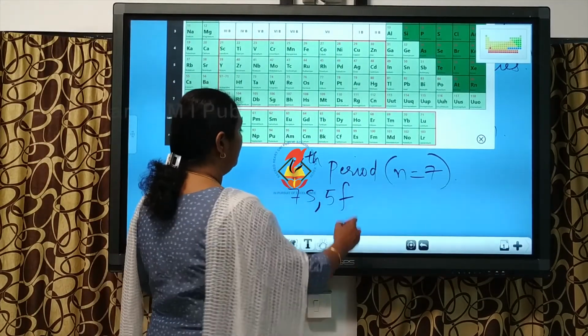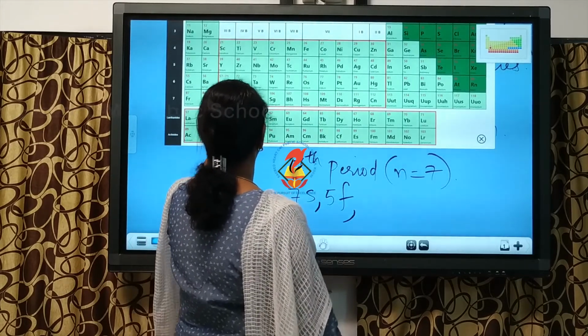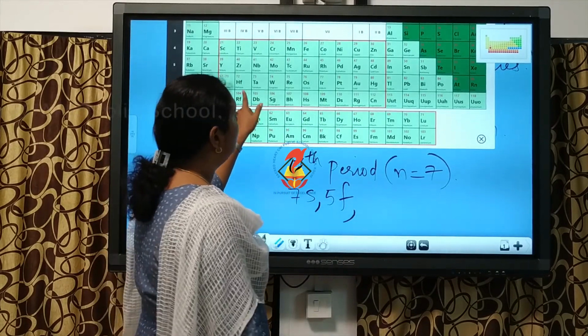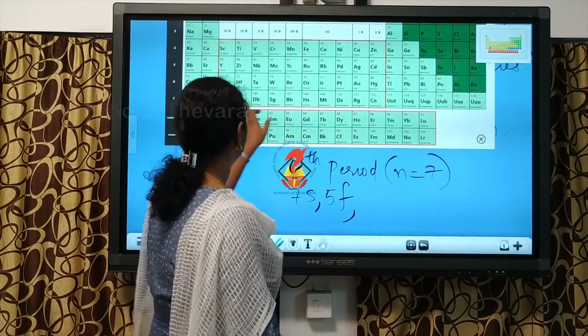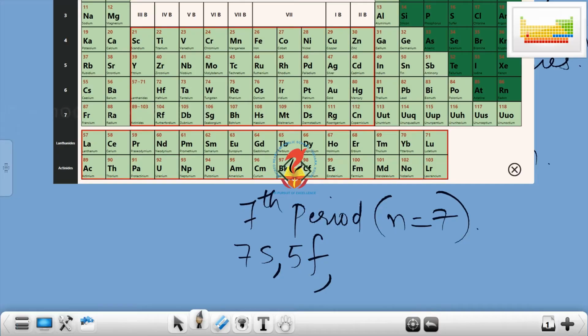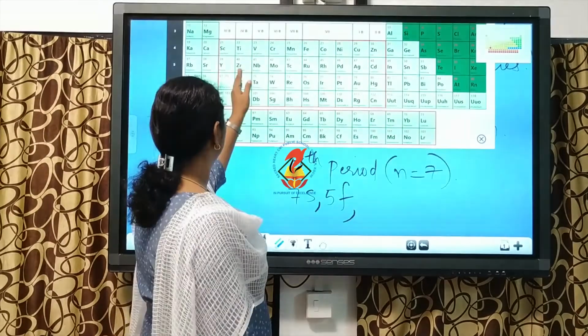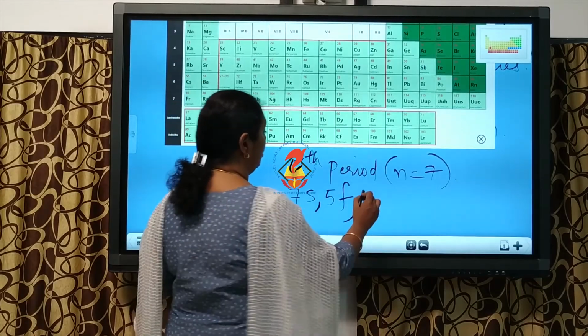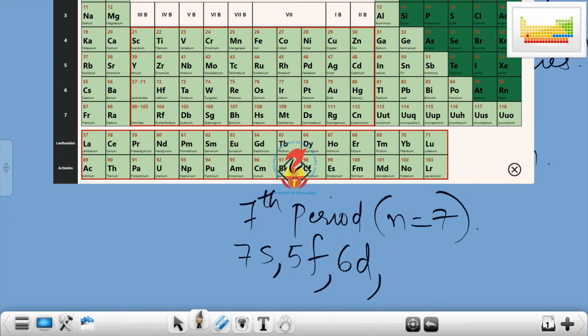Now after 5f orbitals, again we come back to element number 104 to 112, that is rutherfordium to copernicium, or we can start from actinium to copernicium. Which orbital gets filled? After 5d we have 6d orbitals getting filled. Then after that we have 6 elements whose 7p orbital gets filled.